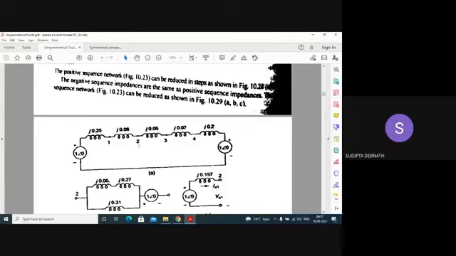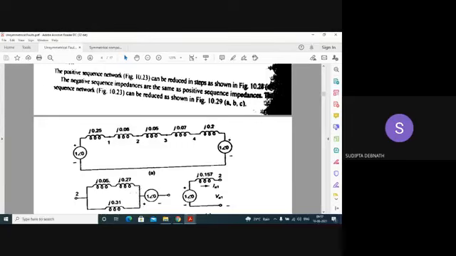You know the procedure for finding out Thevenin's equivalent impedance. If the current enters from here, it will get divided into this path and this path with all the sources short circuited. So it will be this part in parallel with this part. This will be the equivalent circuit. Actually, you need to draw the Thevenin's equivalent circuit.